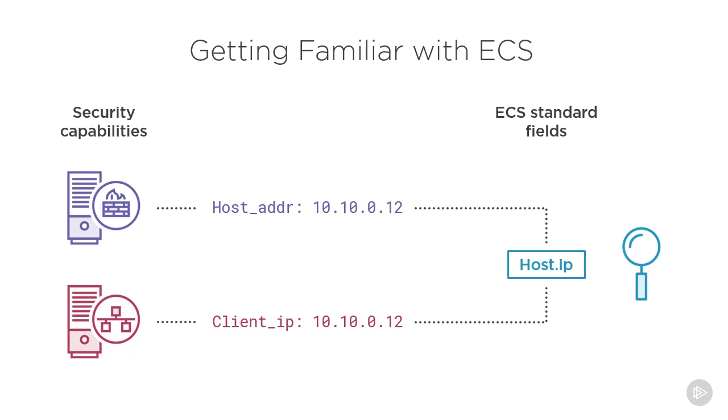With the Elastic Common Schema, this can be mapped to the same field. So if we write a search for host.ip, for example, we'll find data for the client machine from both firewall and network sensor. Now that we have covered the log consistency aspect, it's time to move forward to the Elastic SIEM component.